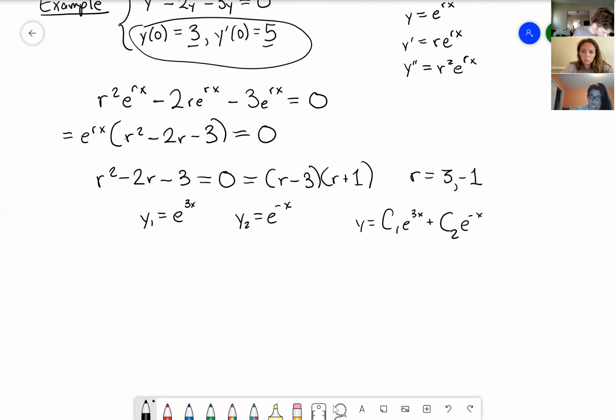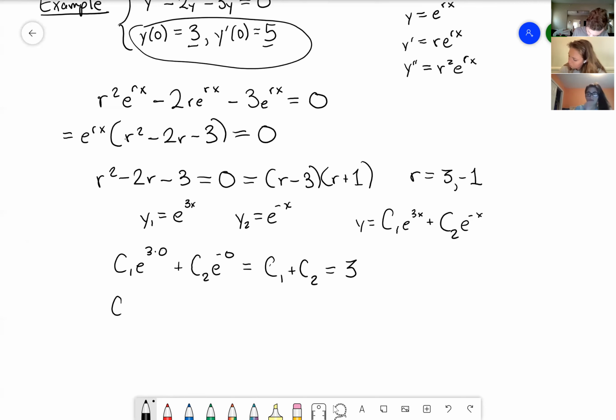Let's just write it out. So what we have is C1 e to the 3 times 0, so we're going to plug in our initial condition, plus C2 times e to the minus 0. This is just C1 plus C2, and that's equal to 3.